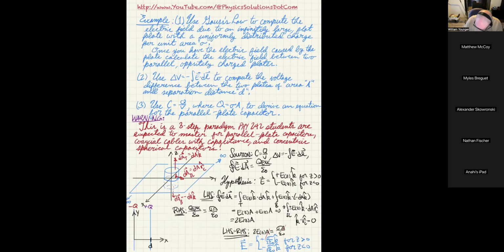So what I'm going to do is realize that in the area between the plates, the electric field due to the purple positive charge is to the right, and to the right of it is going to be to the right, and actually over here it's also going to be to the left.